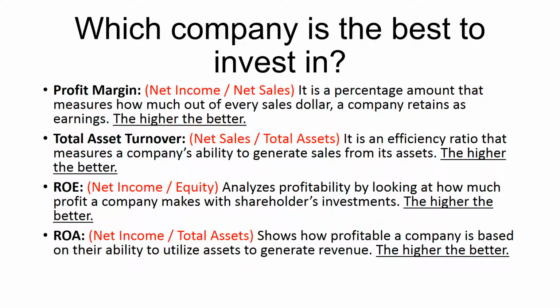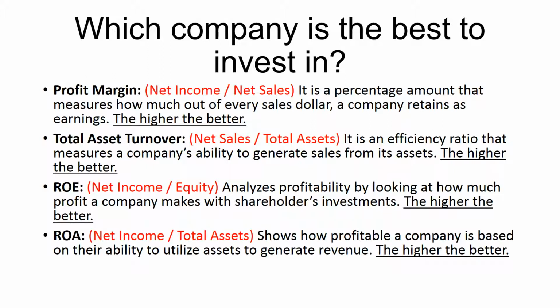The second ratio we're going to be using is total asset turnover. Total asset turnover is an efficiency ratio that measures a company's ability to generate sales from its assets. The third and most important ratio we can use to analyze which company is the best to invest in is ROE.